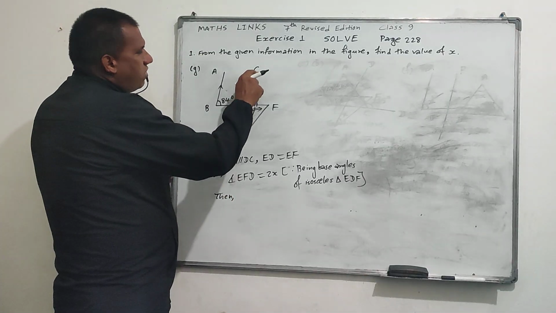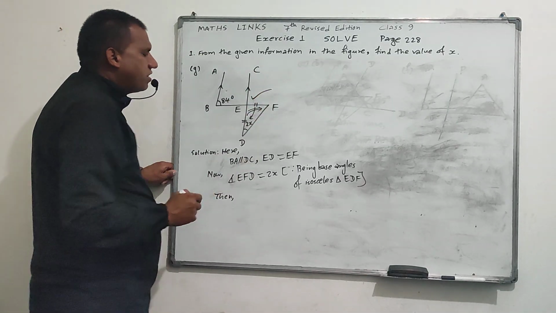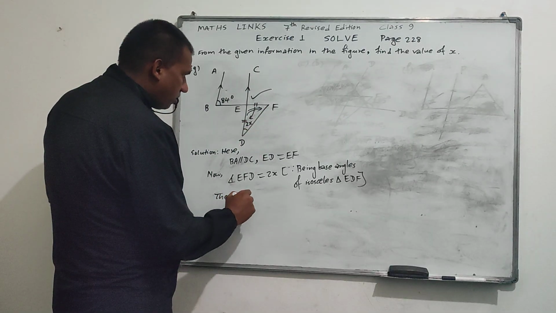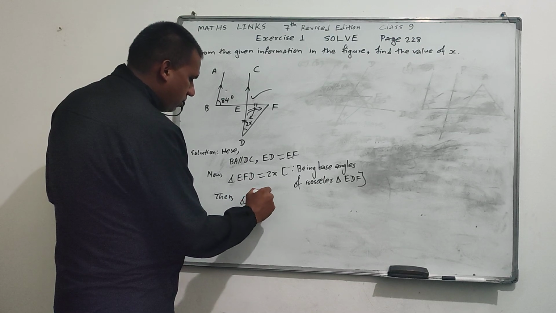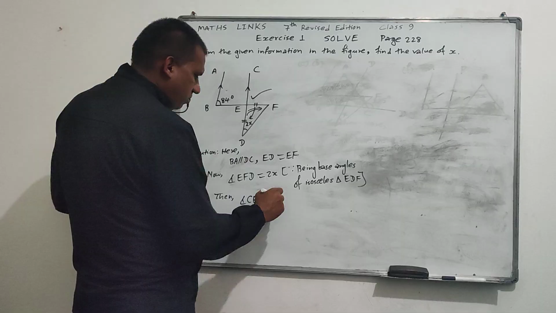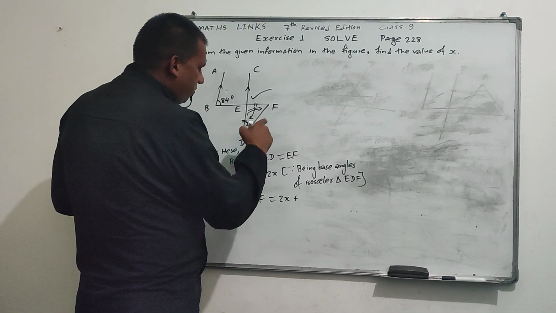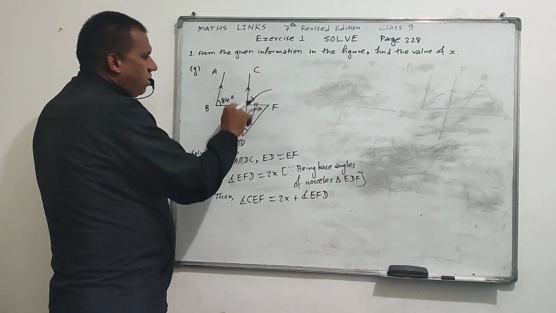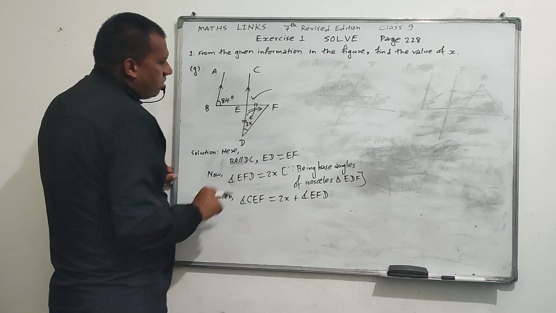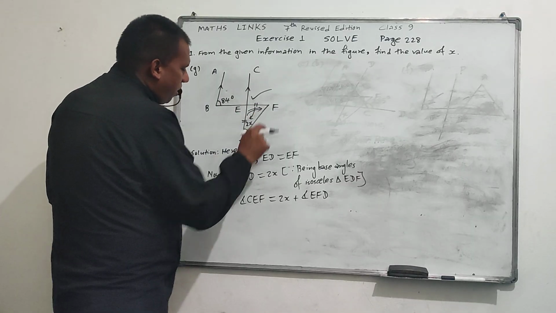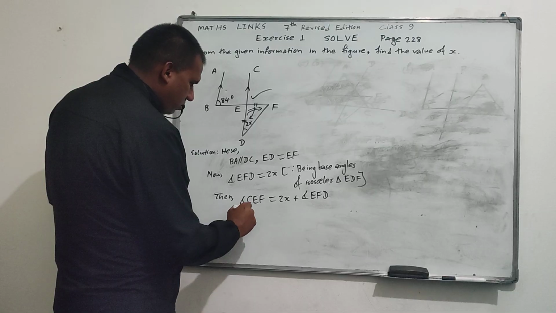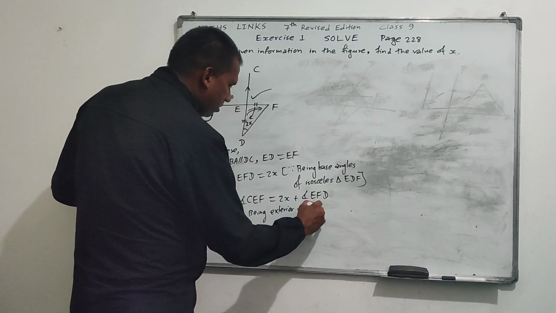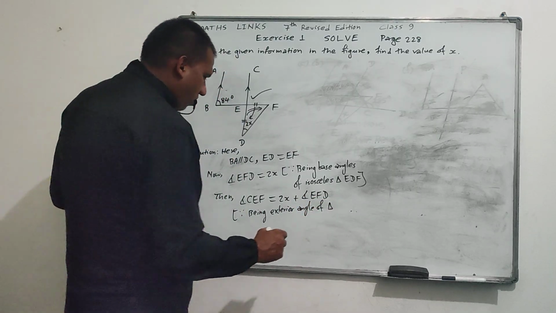Then angle CEF. This angle is an exterior angle for triangle EDF. So angle CEF, the exterior angle of triangle EDF, is equal to 2x plus angle EFD, being the exterior angle of triangle EDF.